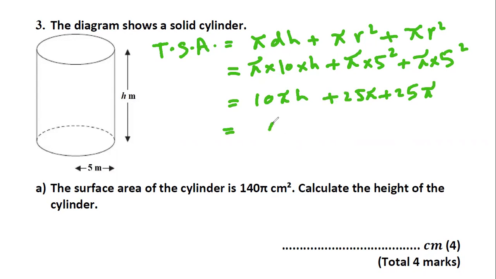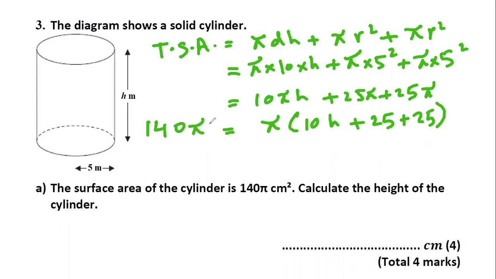I can take pi common out of all of this, and I will get 10h plus 25 plus 25, and this must be equal to 140 pi. So I can divide both sides by pi. In simple words, we can just cancel pi's.